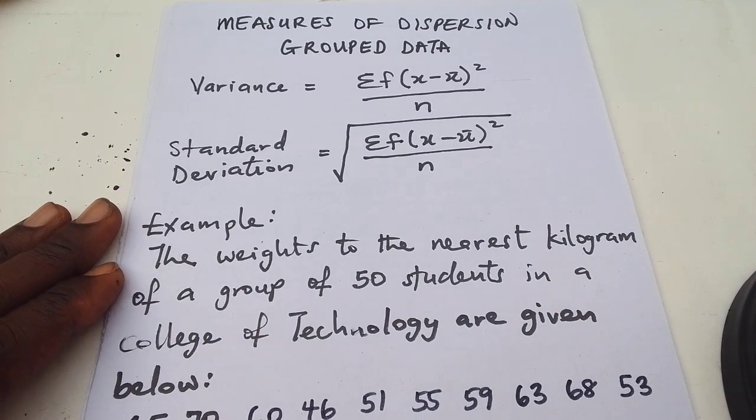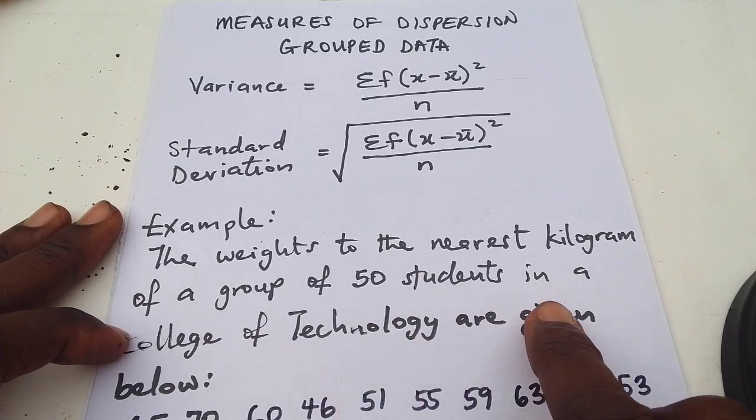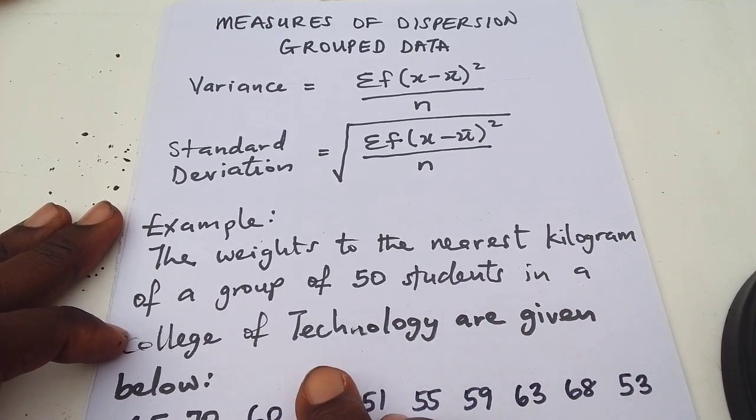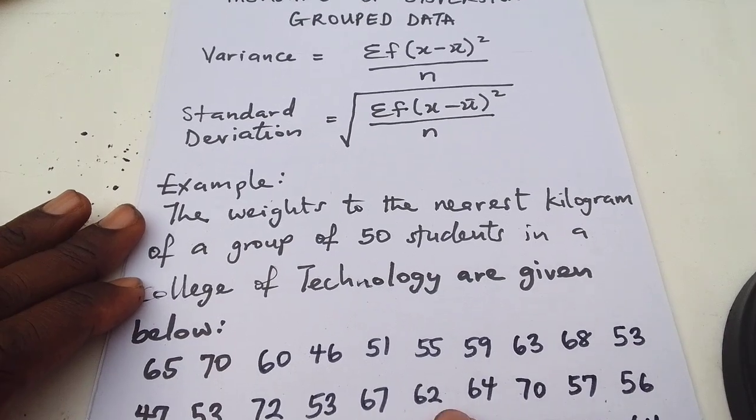The weights to the nearest kilogram of a group of 50 students in a college of technology are given below.